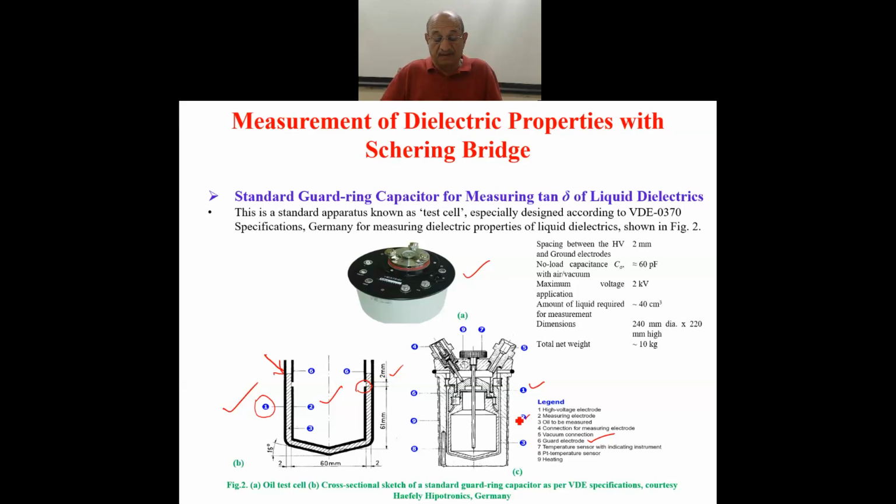Now, the best part in it is that you can apply a varying voltage between the two electrodes, forming the capacitance or the capacitor, up to 2 kV. That means at variable voltage you can make the measurement.